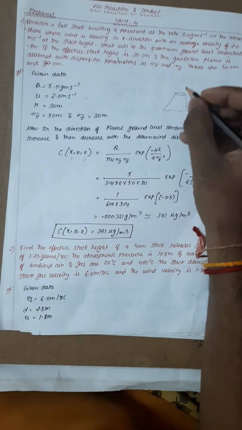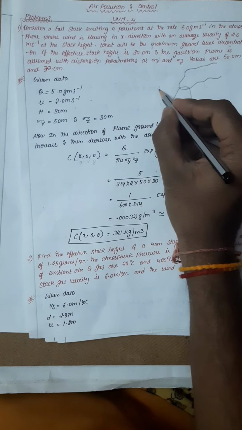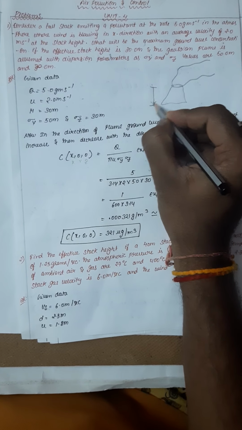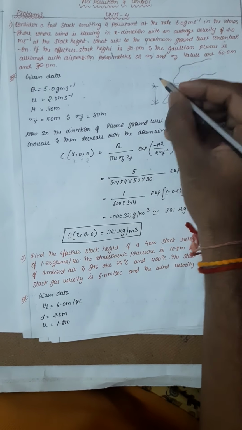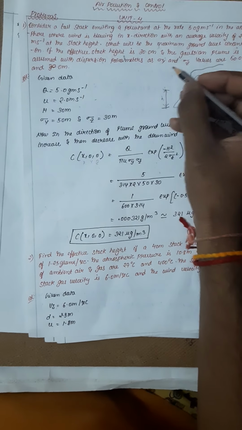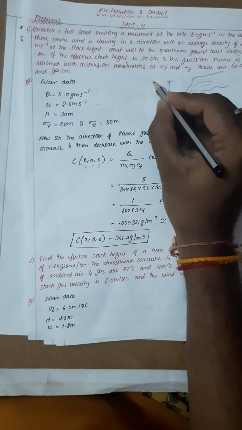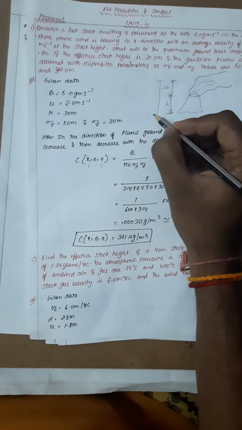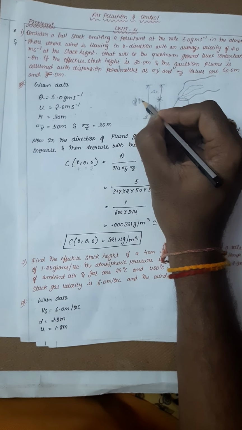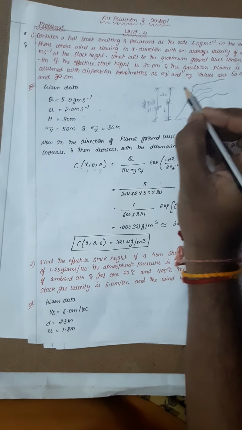This is the stack, this is the fume rise, this will be the small h, the fume rises to a certain height. This is delta h, and from here to here we call the effective stack height H. H is equal to 30, they have given 30 meters.